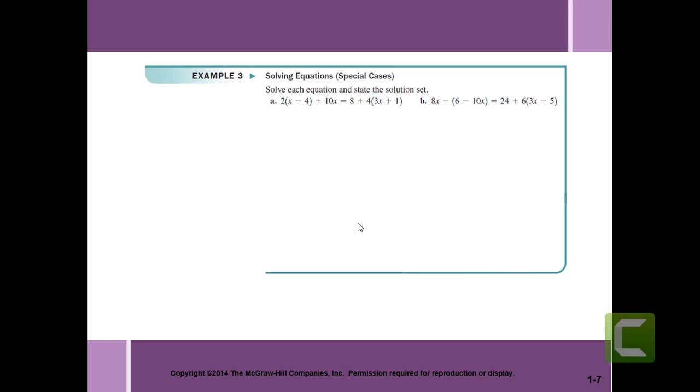Okay, so if we look at A, we're going to use the distributive property. So we get 2 times x and then 2 times 4. So this is going to become 2x minus 8. And then you're going to distribute the 4 across here. And so this is going to be 12x plus 4.